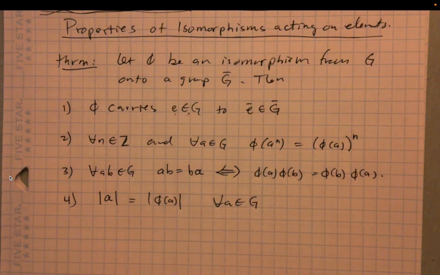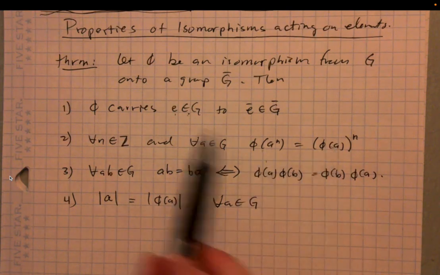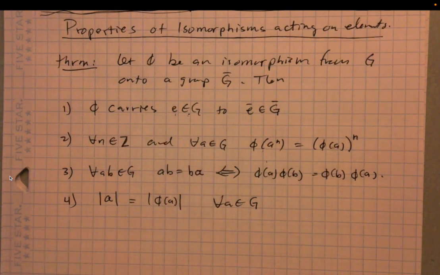A lot of this is a laundry list of what it means that the two groups are structurally identical. It means every element has the same order. It means elements that commute must commute in both places. It means identities are mapped to one another.